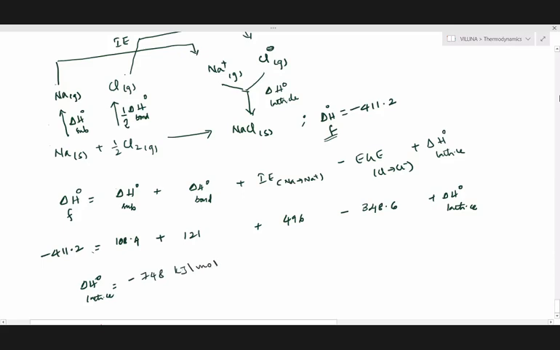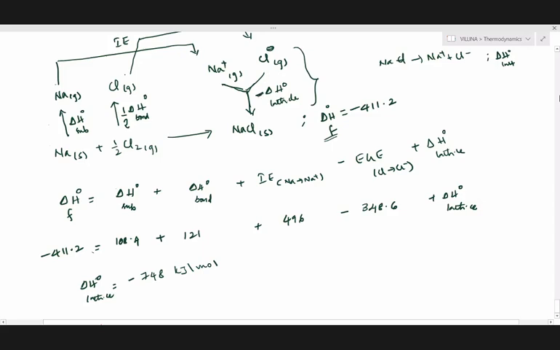But here we are doing the opposite, right? We are considering the association of ions. Generally, lattice enthalpy is the dissociation of ions, NaCl into Na plus and Cl minus. So in this particular case, it's a reverse reaction, so take it as minus.